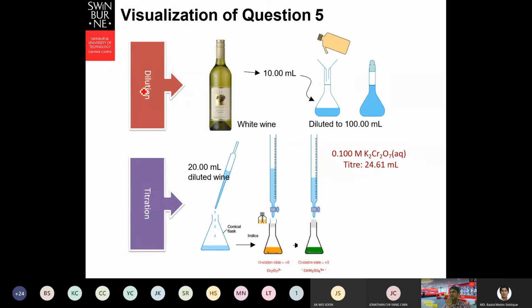It says that 10 milliliter of the wine or the alcoholic beverage was taken and then diluted, a 10-fold dilution was made, and the titration was done with acidified potassium dichromate solution, and the titer needed was 24.61 milliliter.